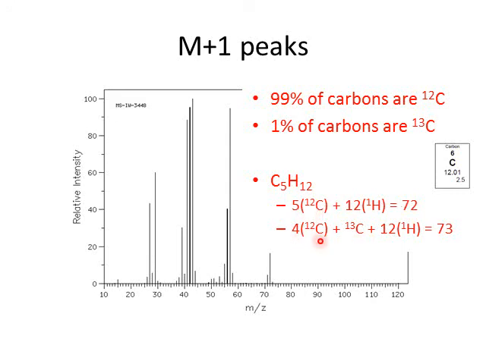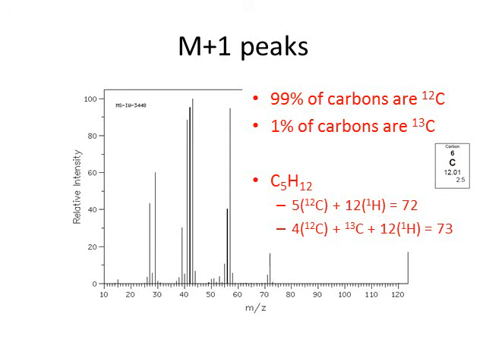And so if 4 of my carbons weigh 12 and 1 of my carbon weighs 13, and 12 of my hydrogens weigh 1, that'll give me something that weighs 1 more. And notice we see a very small blip here. That's 1 heavier than 72. That's at 73. This is called the M+1 peak. The M+1 peak represents the small number of molecules that happen when you get the heavier isotope of carbon.